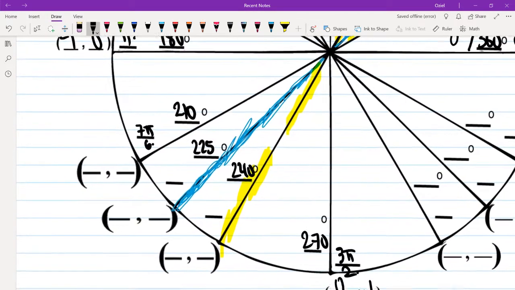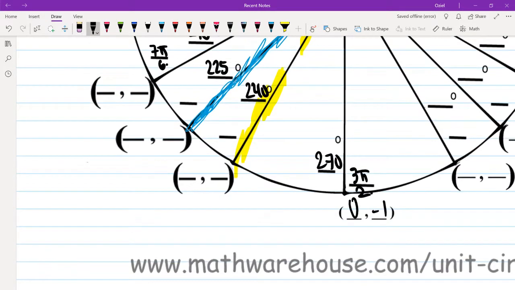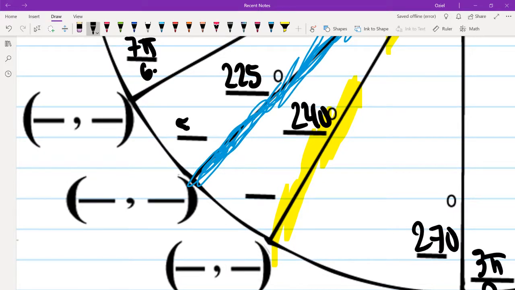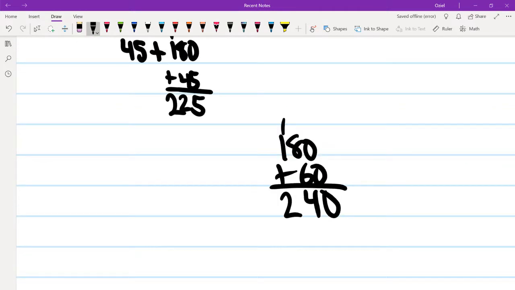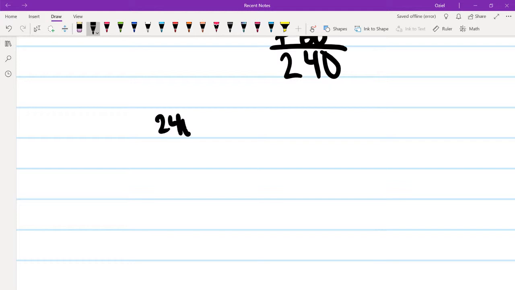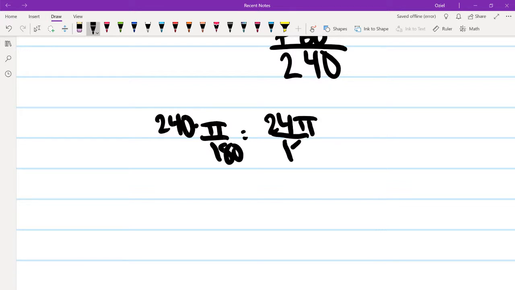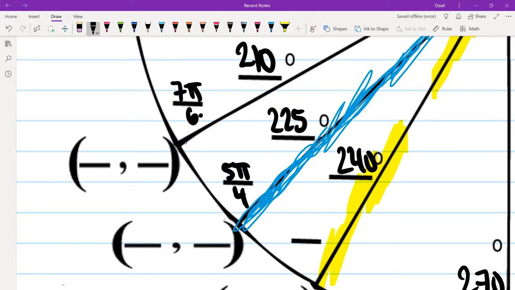So then for 225 degrees, you would have 5 pi over 4. And then over here, 240, you would do the same thing. So you would do 240 times pi over 180 and get 24 pi over 18. And you would divide by 6 and get 4 pi over 3. So over here you would have 4 pi over 3.